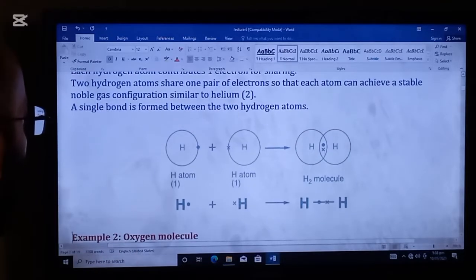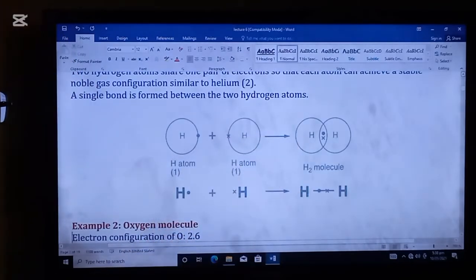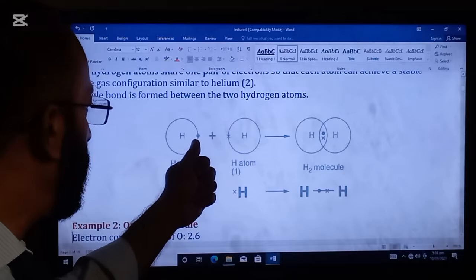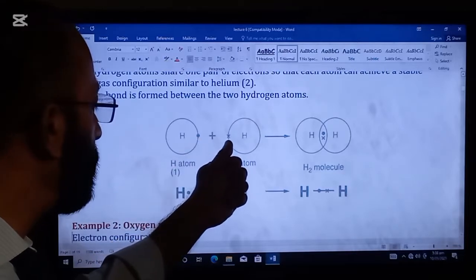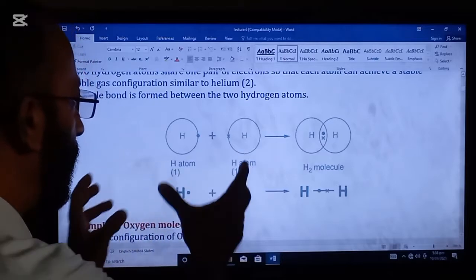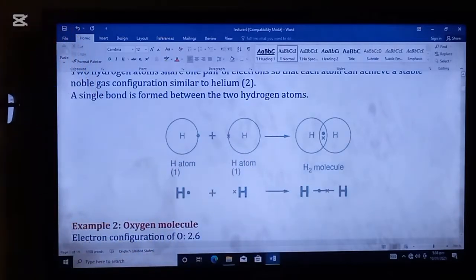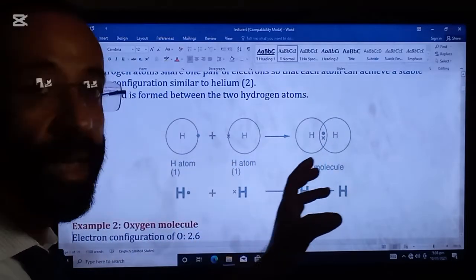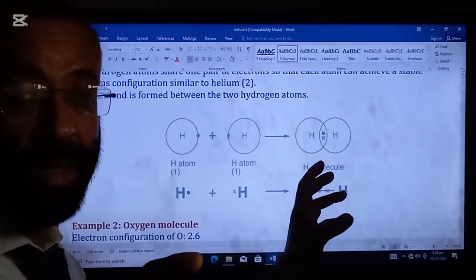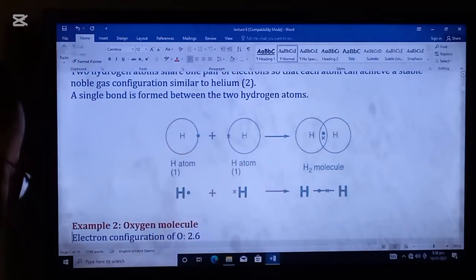A single bond is formed between the two hydrogen atoms. There is one electron in the outermost shell as well as in the outermost shell of the other hydrogen atom, and they will combine like this. So this diagram frequently comes in the paper to draw. So do practice.